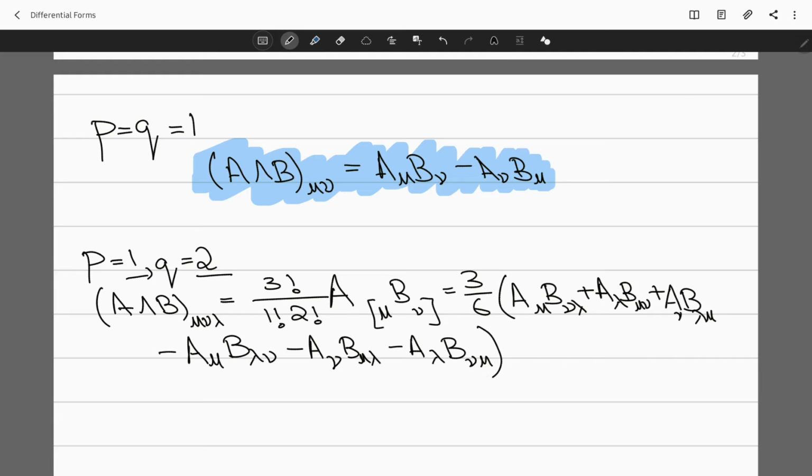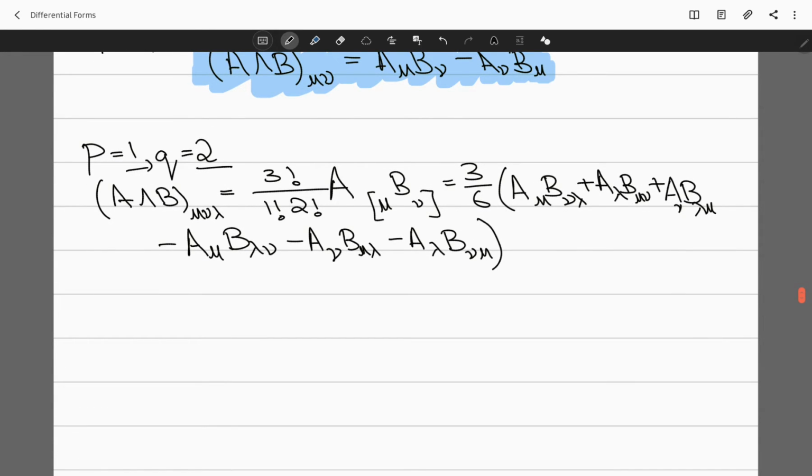This is what we would have, and we could quickly simplify this, and upon doing so we are left with 1 over 2, because this 3 1 and this one 2, times A mu B nu lambda plus A lambda.